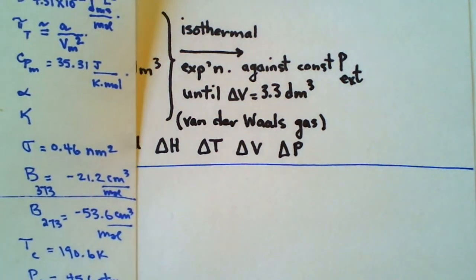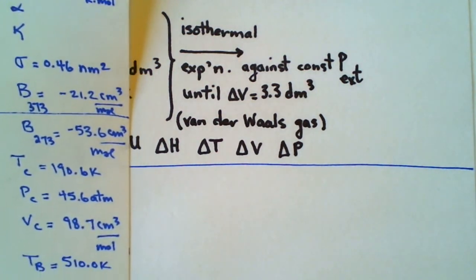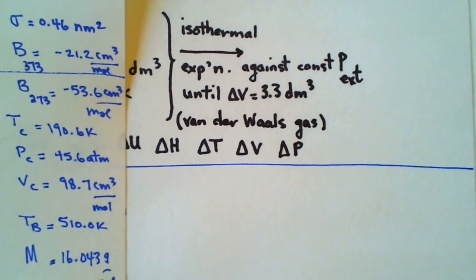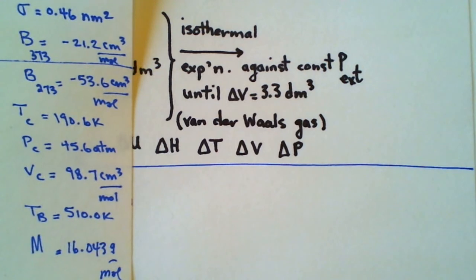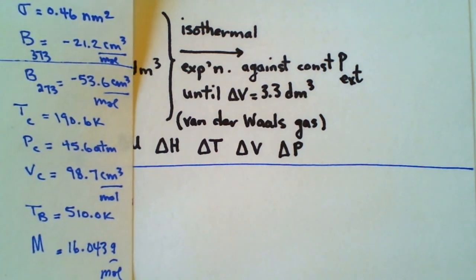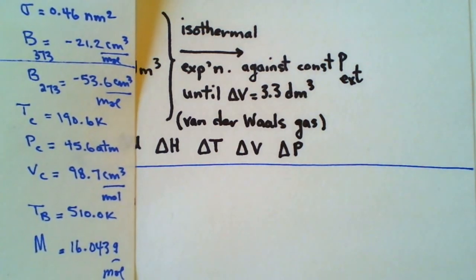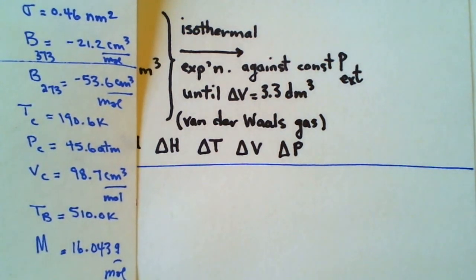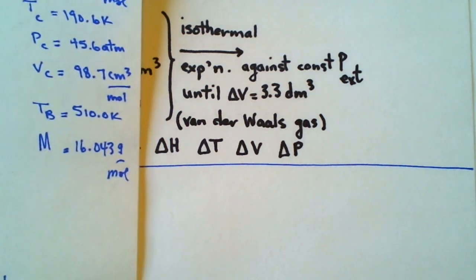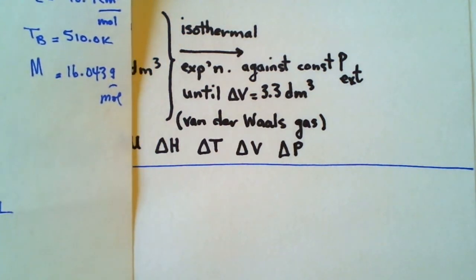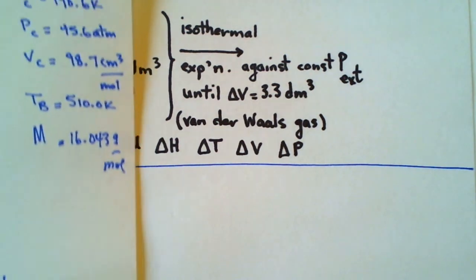Lots of constants, things that we don't need for this question, but anyway, some second virial coefficients, sigma, which is our collision area, cross-sectional areas, some critical temperatures, pressure, volume, boil temperature, and molar mass.